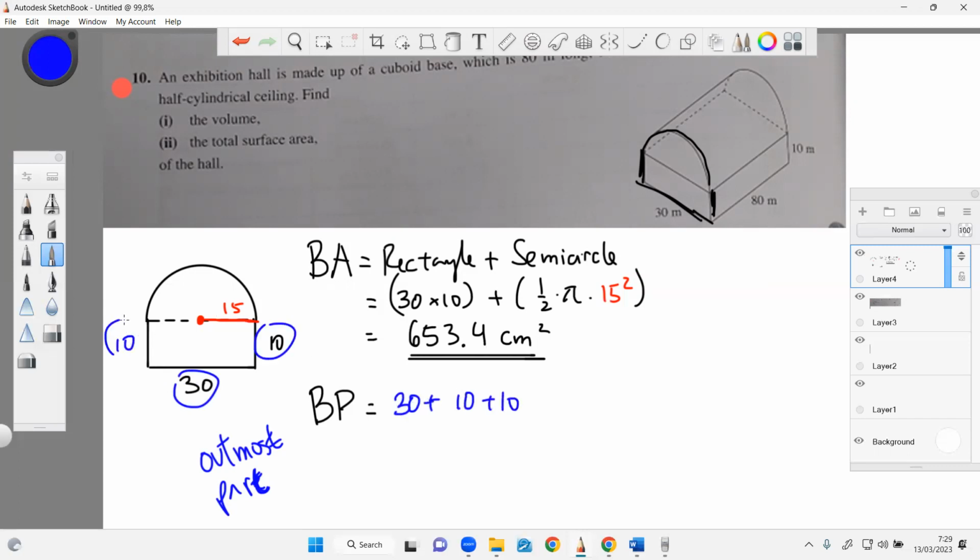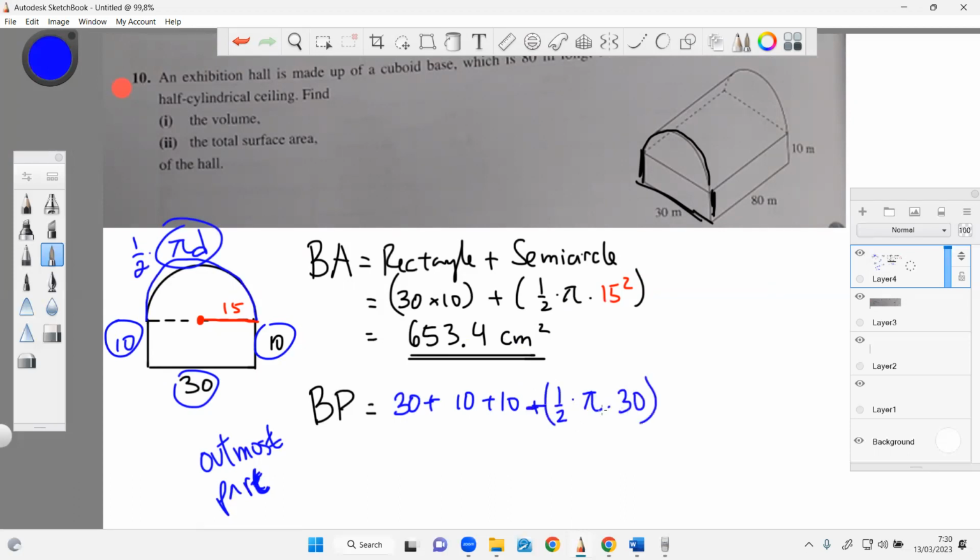The measurements that you already did, plus half of the circumference, right? So this is pi d, and you multiply by half. Make sense? A circle you divide by 2. Half times pi times the diameter, which is 30, right?